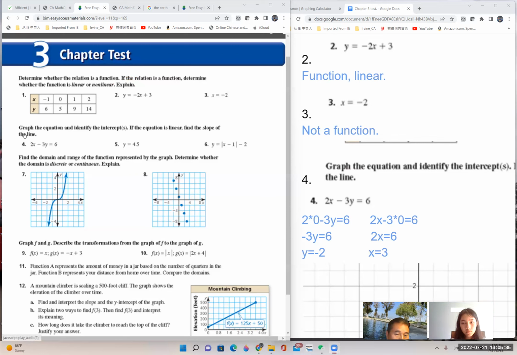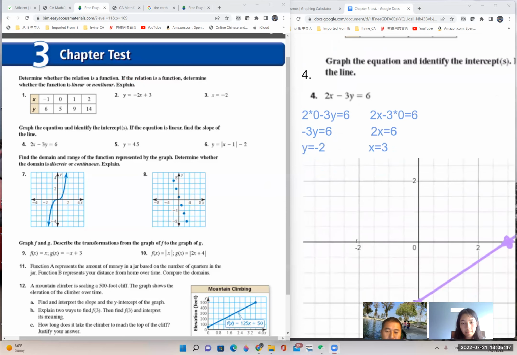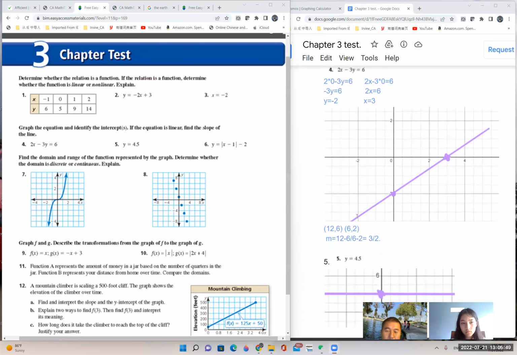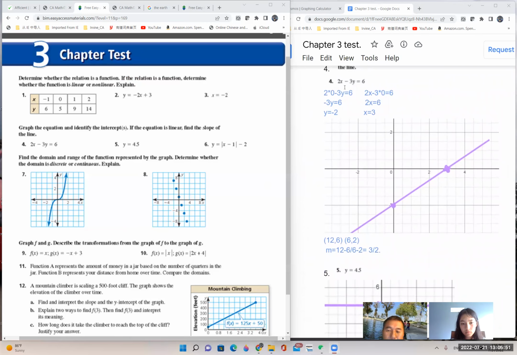Okay, keep going. Graph the equation and identify the intercepts. If the function is linear, find the slope. So let me say. So you actually mean when x. So let me just guess. When x is 0, y is -2, right?